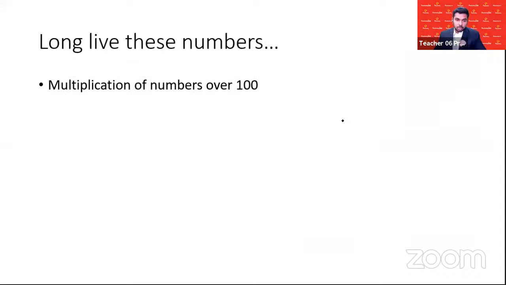So today we are going to see larger numbers, multiplication of numbers that are greater than 100. So this example was done yesterday. So I want all of you to put your answer on the chat box. I'll give you around 20 seconds to see what answers you are giving.